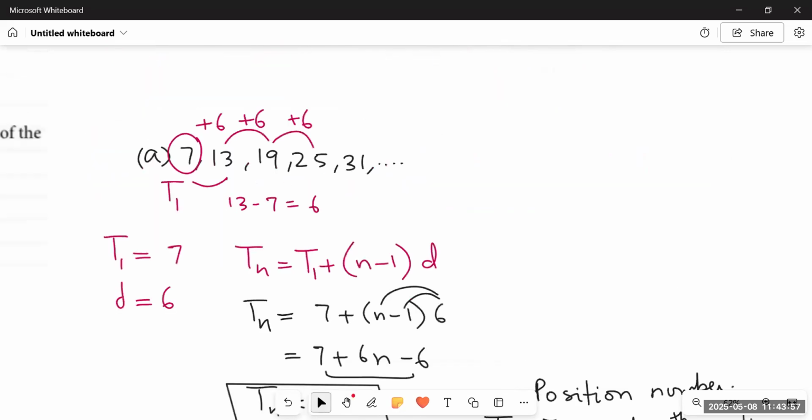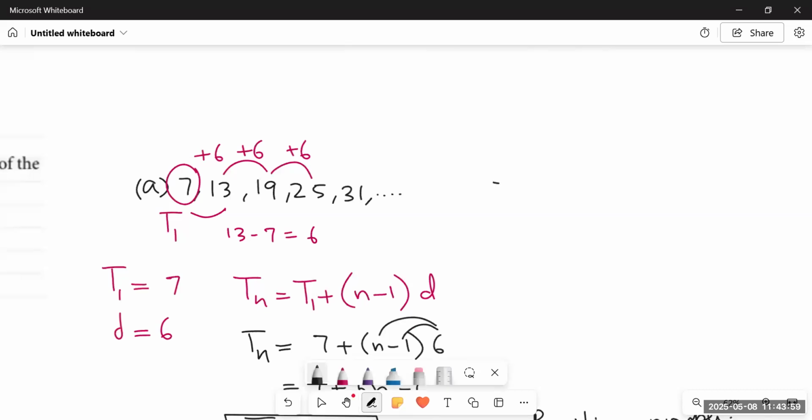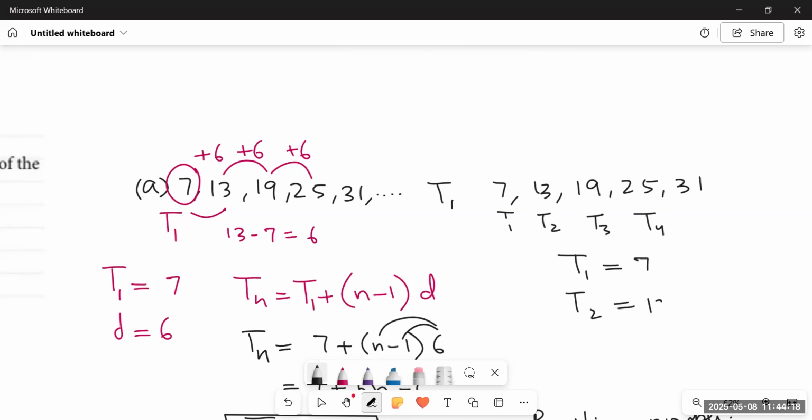Why? Because if we talk about the sequence, 7, 13, 19, 25, and 31 are the Tn's, right? This is T1, this is T2, this is T3, this is T4. The values for Tn are given. T1 would be 7, T2 would be 13, T3 would be 19, and so on.